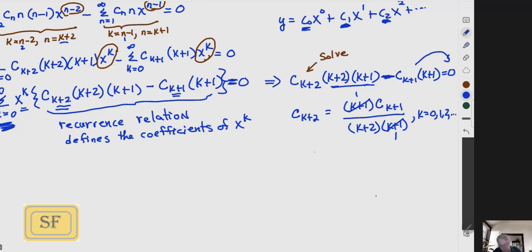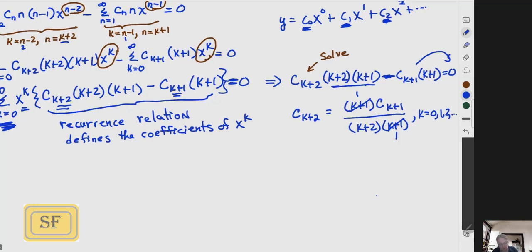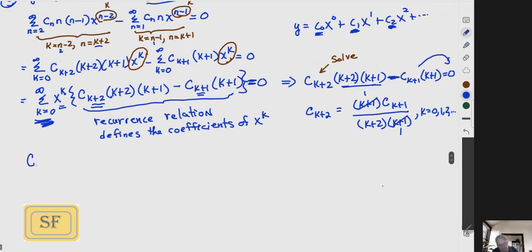So let me just rewrite that over here. In reduced form, we have c sub k plus 2 equals c sub k plus 1 over k plus 2, where k is 0, 1, 2, and so forth.